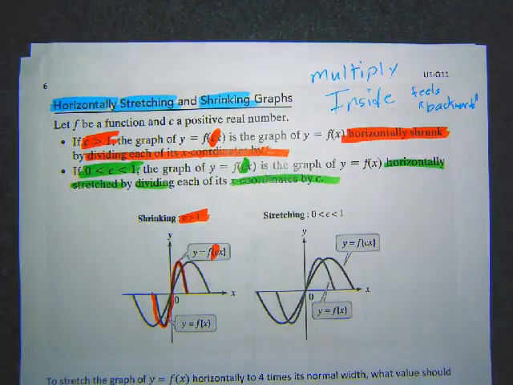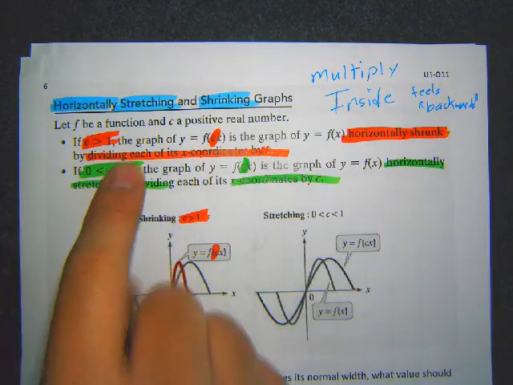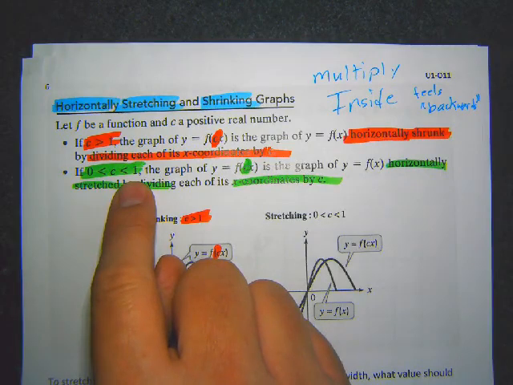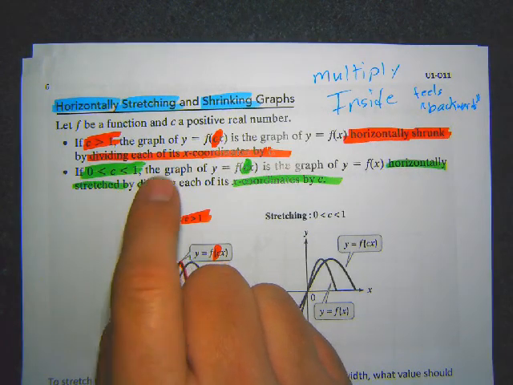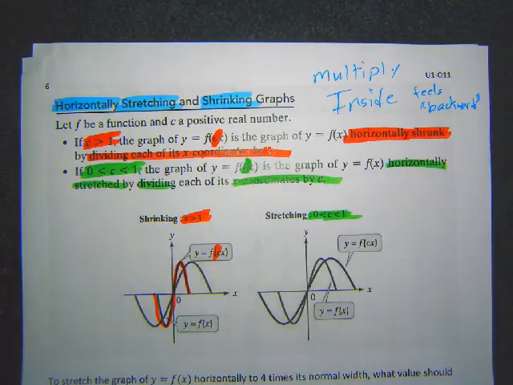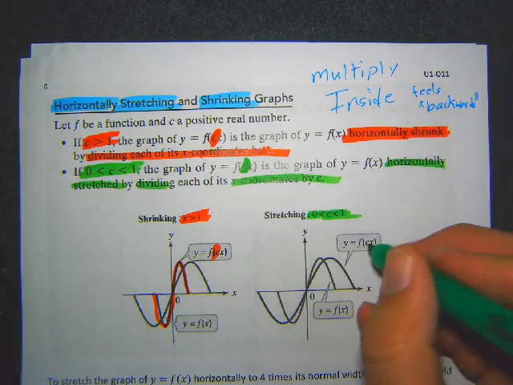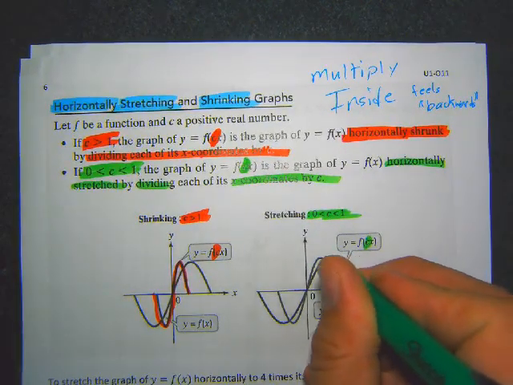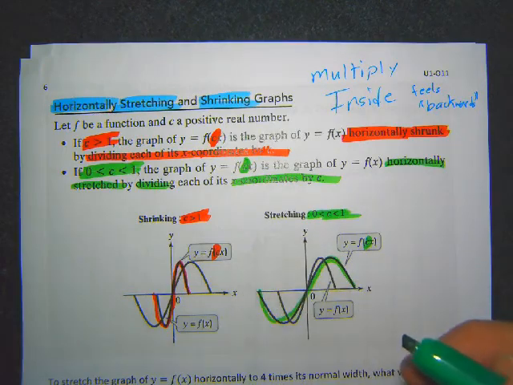Since you want to shrink, you want to do the opposite. If you divide by a big number, it's going to get smaller. If you divide by a small number, like a fraction, like half, dividing by half is actually going to make it bigger. So that's going to be backwards. So again, if you multiply by a small number, less than 1, it's going to take the function and stretch it out and make it bigger. That's what's going to happen.